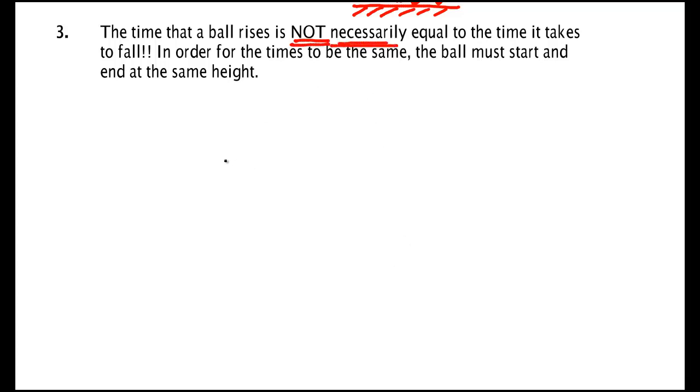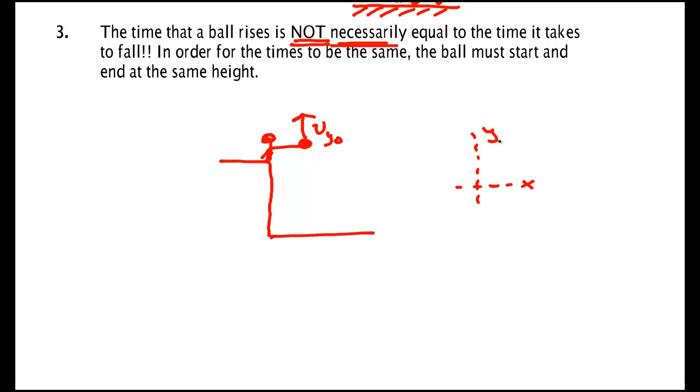Let me show you an example where it wouldn't be true. Johnny stands on a cliff like this and holds a ball out here, and he throws the ball upwards with some initial velocity. I'm going to call that Vy naught because I'm making my coordinate axis so that y is pointing up. Now the ball goes up, and I'm going to draw that separately out here so you can see what I'm doing.